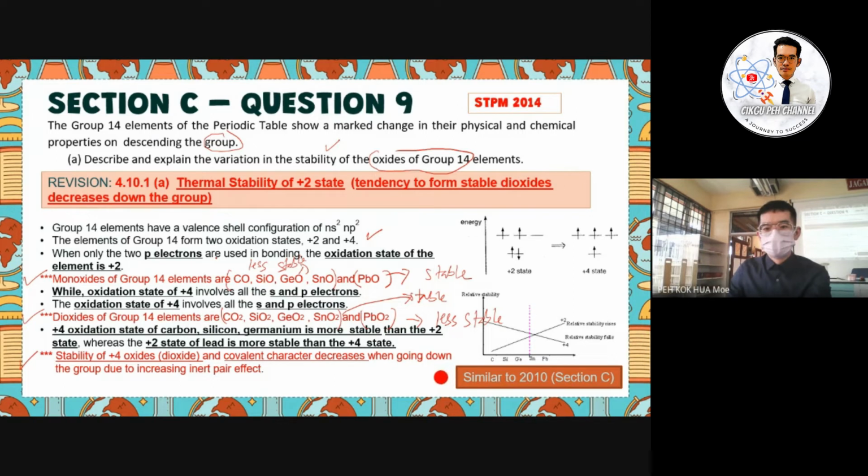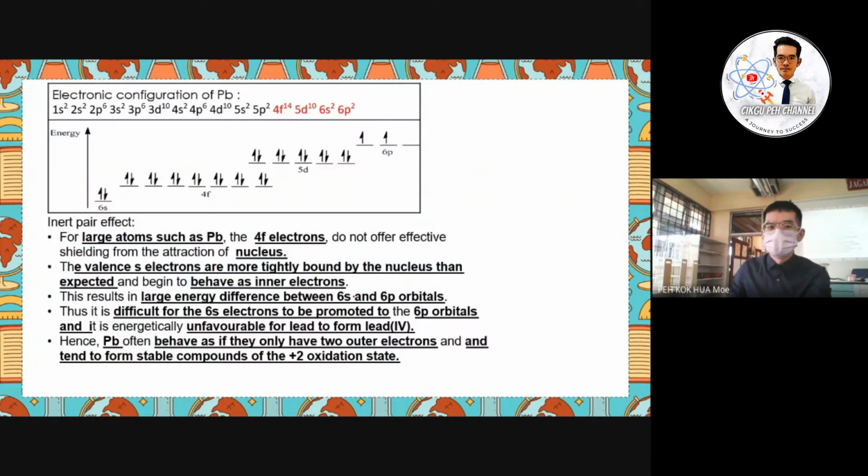The notes also have this table. So you can see the +2 stability will increase, while the +4 oxidation state stability will decrease, so that lead dioxide will be less stable, while lead monoxide will be more stable.